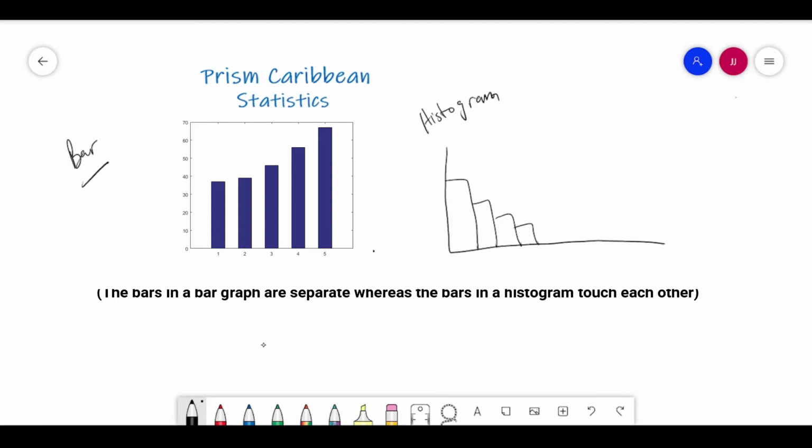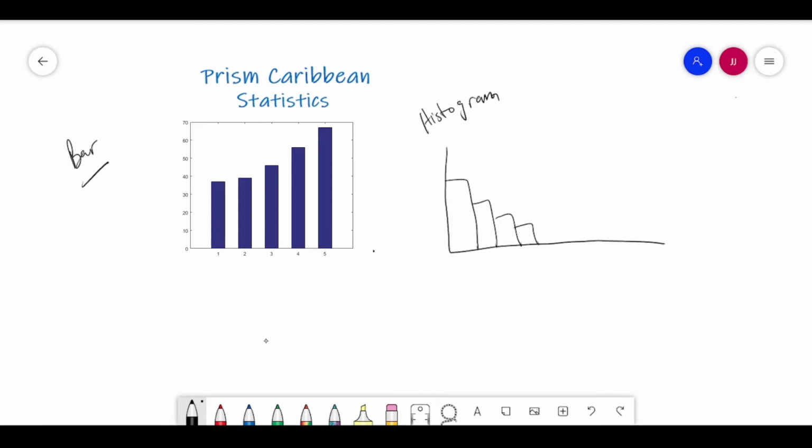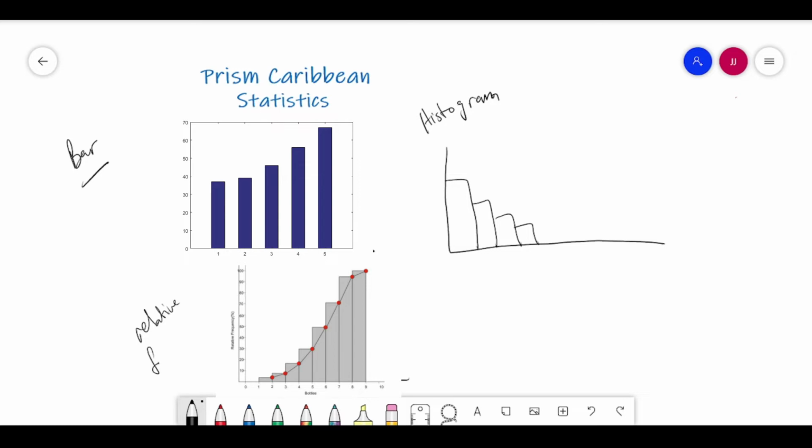Then you have the relative frequency histogram, where you might start off here and put a dot at the middle of each point and draw a line connecting them all. And this is the relative frequency histogram.